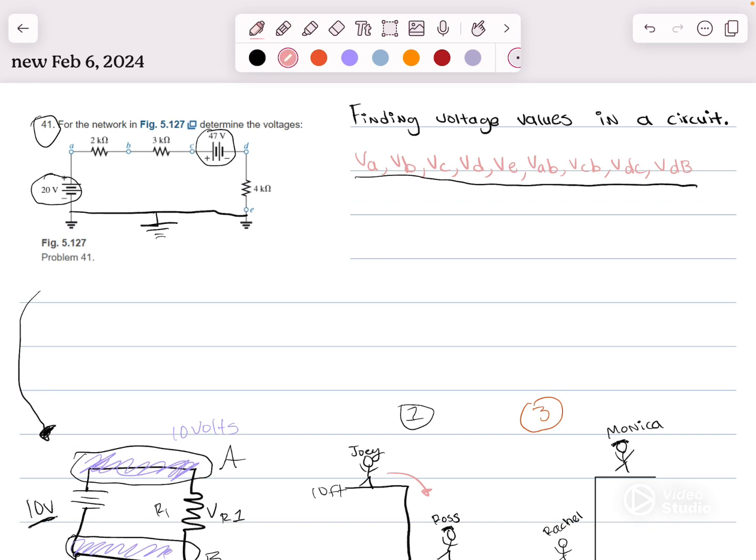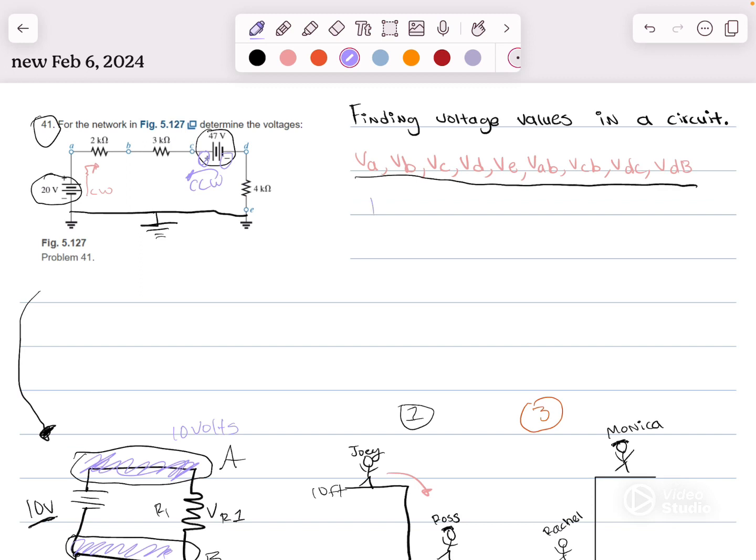This 20 volt is pushing current clockwise, and this 47 is pushing current counterclockwise. This is based off the position of our plus and minus. We're always thinking about going higher to lower.